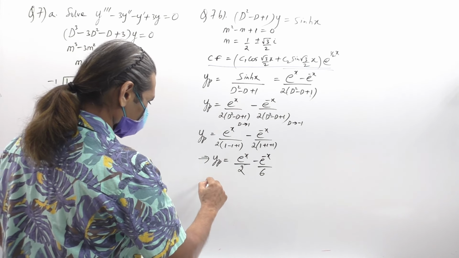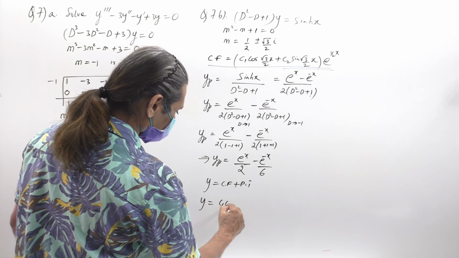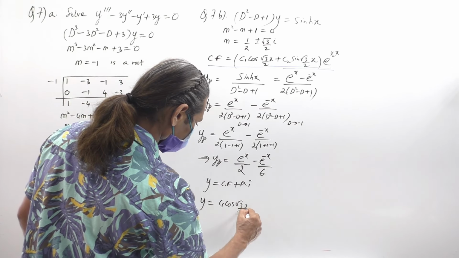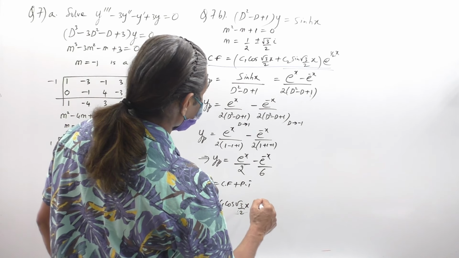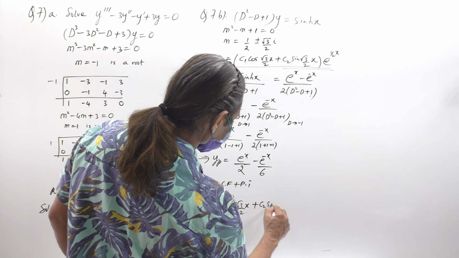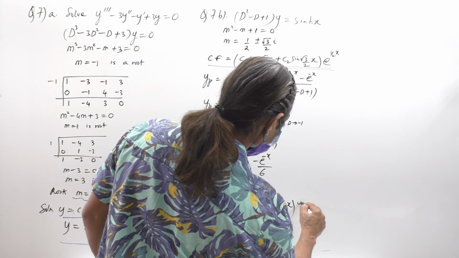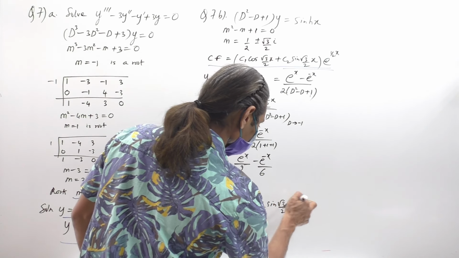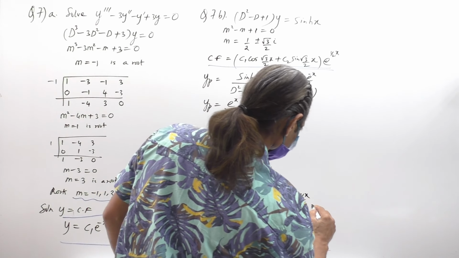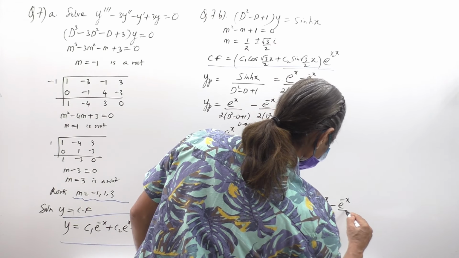Therefore, the solution is CF plus PI. So y is equal to (C1 cos of root 3 by 2 x plus C2 sine of root 3 by 2 x) whole into e raised to 1 by 2 x, plus e raised to x by 2 minus e raised to minus x by 6.